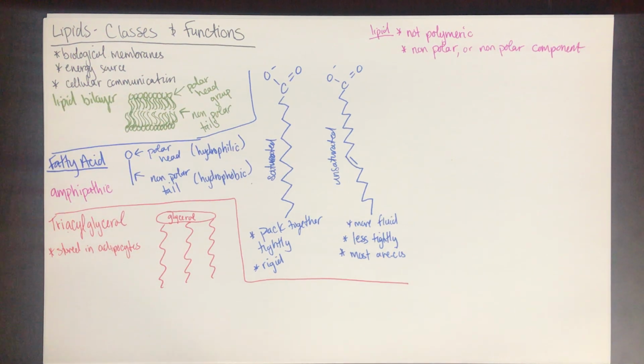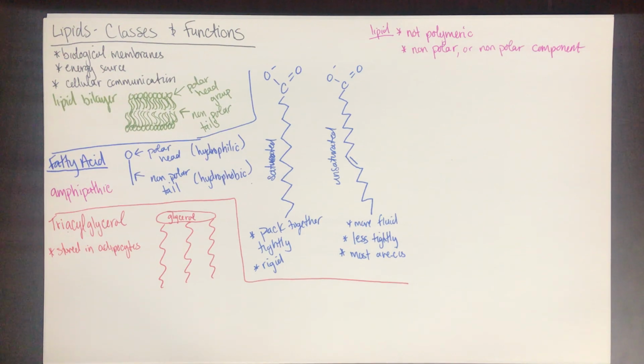Usually we don't use the fat stored in our adipocytes until after the glycogen and other sources of energy have been used. We'll talk about this a little bit more later when we talk about beta oxidation of fatty acids and how we metabolize fats.